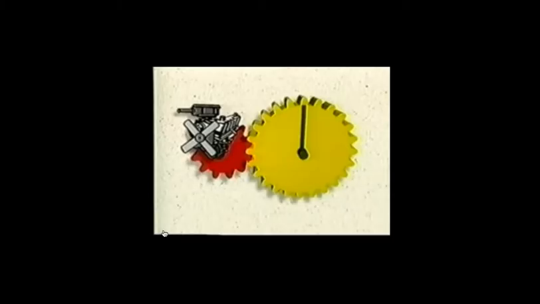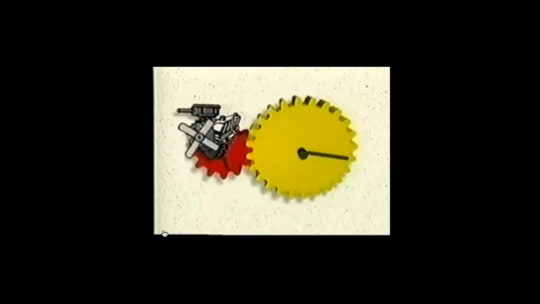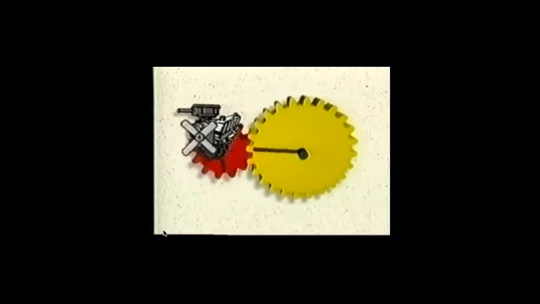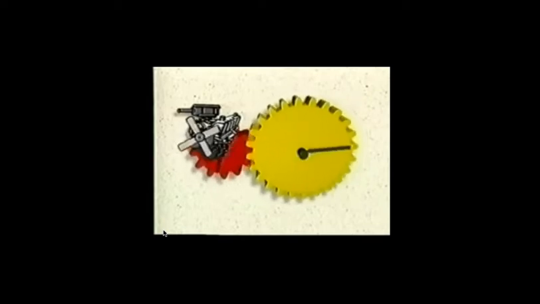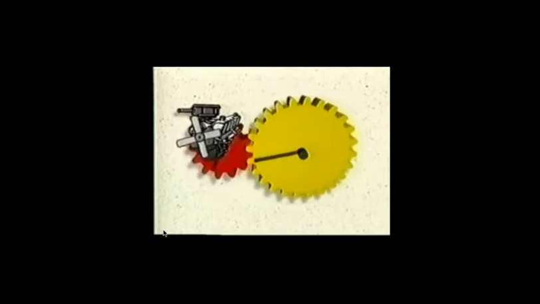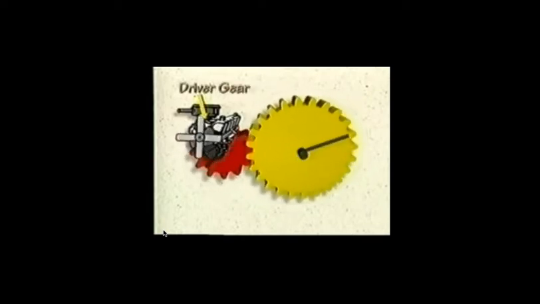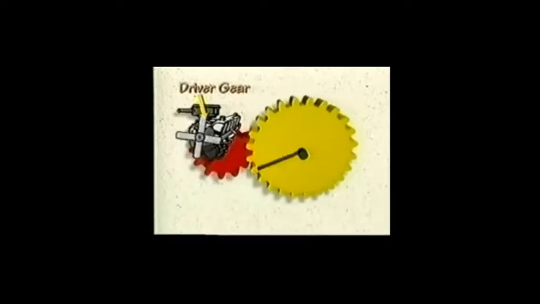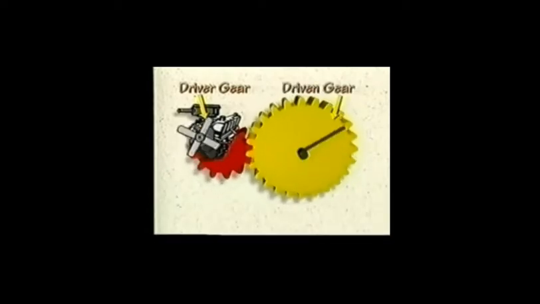When a gear is connected to a power source, like an electric motor or a car engine, it's called the driver gear. The gear to which it's meshed is called the driven gear. In this case, the red 12-tooth gear on the left is the driver gear, and the yellow 24-tooth gear on the right is the driven gear.